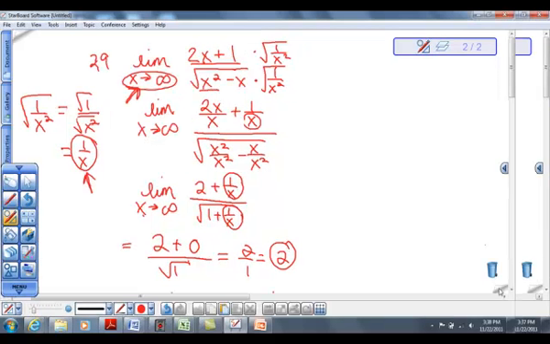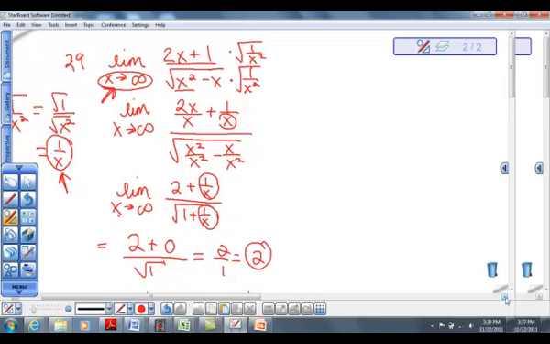Now, we're done with number 29 and what it asks us, but I want to go a little bit further, because you might come across a problem like this where it's asking you to find the limit when x is approaching negative infinity. So we're going to do this very same problem, except we're going to be finding the left-hand behavior.